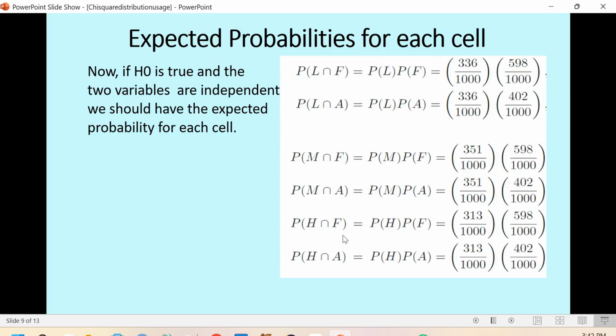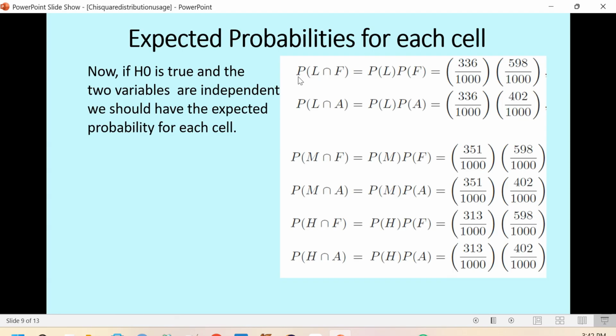Next, if H0 is true, which means the 2 variables are independent, we should have expected values, right? From these marginal probabilities, by multiplication, we can get each expected value in this contingency table.